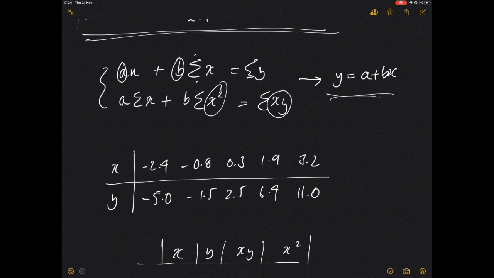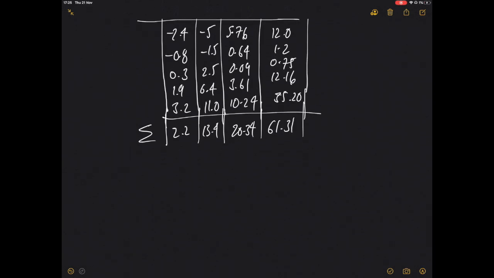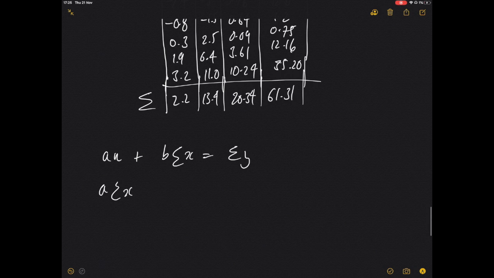Then all we have to do is fill out our equations. We know this, this, this, and now this. So if we sub all this in: A, n plus B sigma x equals sigma y, and A sigma x plus B sigma x squared equals sigma xy.